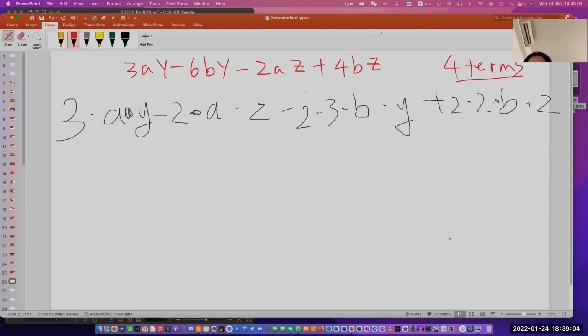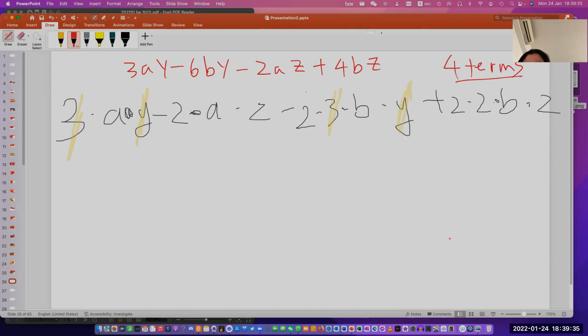Good. You see an opportunity to factorize further. So group which two terms first?